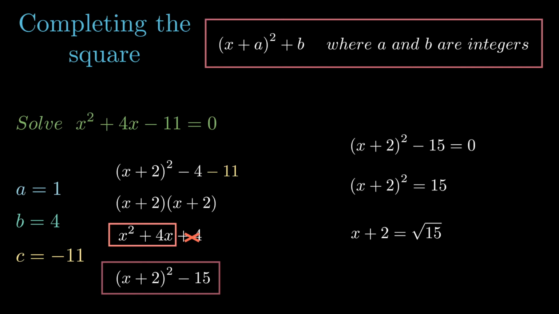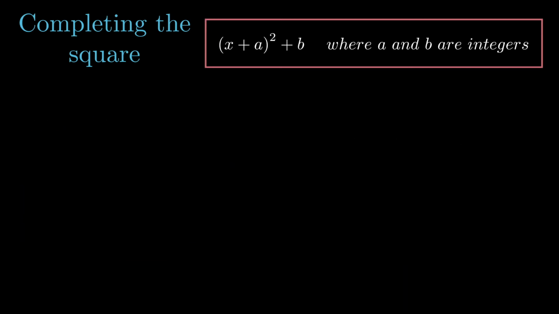When we square root a number, you know that we have a positive square root and the negative version of that. So we have x plus 2 equals plus or minus square root of 15. And finally, x is equal to minus 2 plus or minus square root of 15. And now we have successfully completed the square and solved this quadratic.